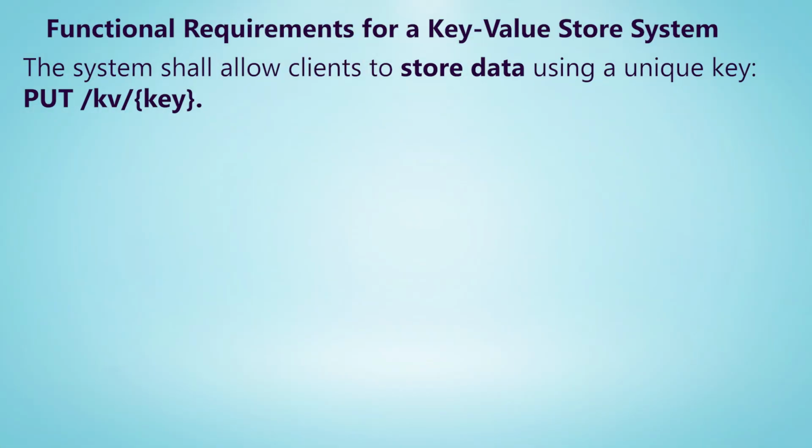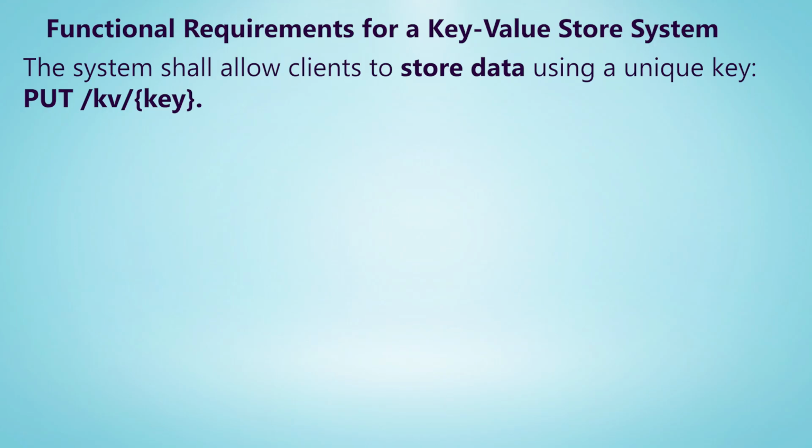Let's take another example of a key value store. As the name suggests, a key value store is a system where we are able to store a unique key corresponding to a value in that system. A common example is Redis. So what will be the functional requirements of this system? The user should be able to store data.